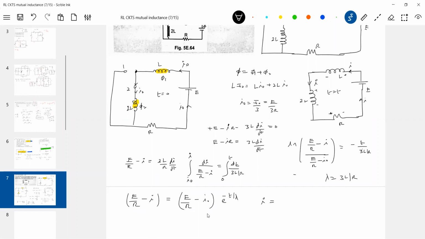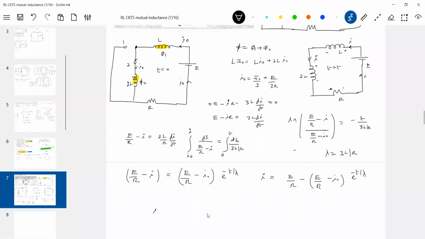Now further simplification of this will be E by R minus E by R minus I1. Now what is the I1 value? E by 3R.